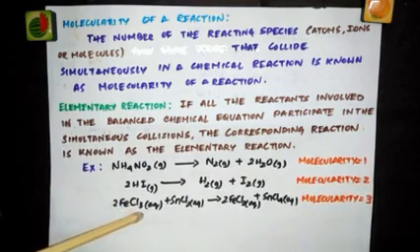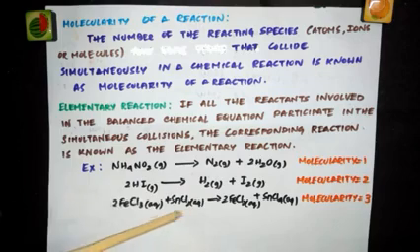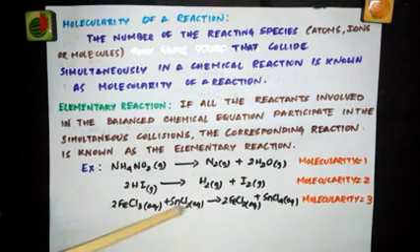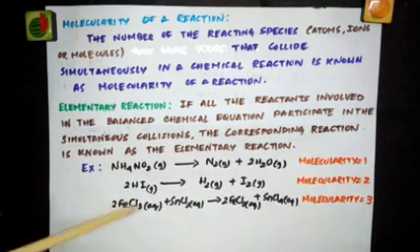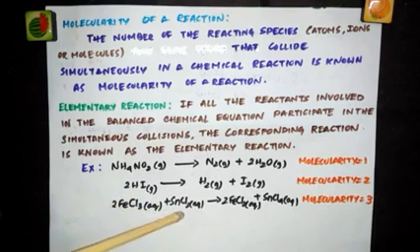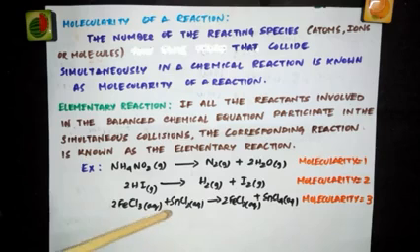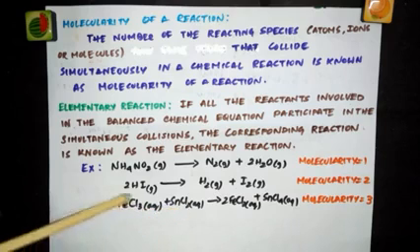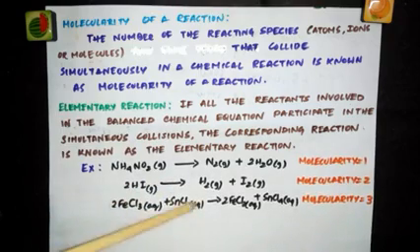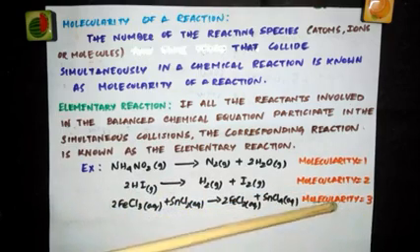And here 2FeCl3 plus SnCl2, so as per this equation, 2 plus 1, 3 reacting species are participating in simultaneous collision. Then we call this reaction an elementary reaction, and the molecularity is 3.